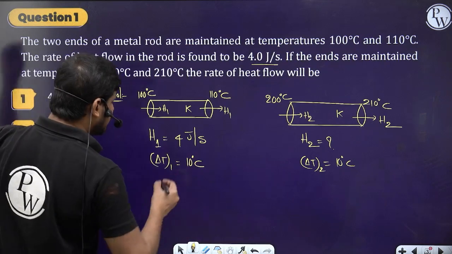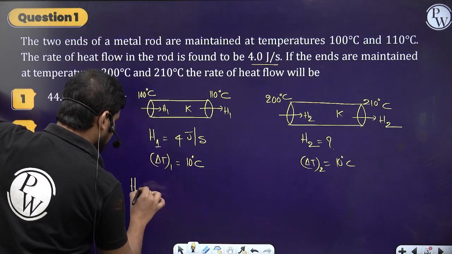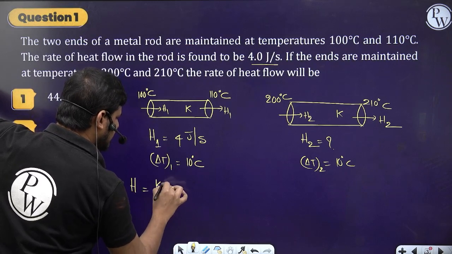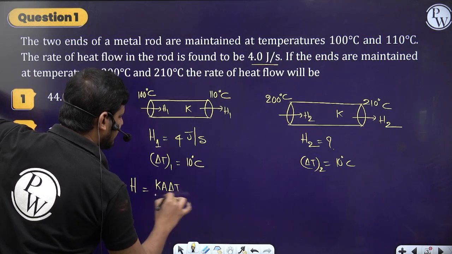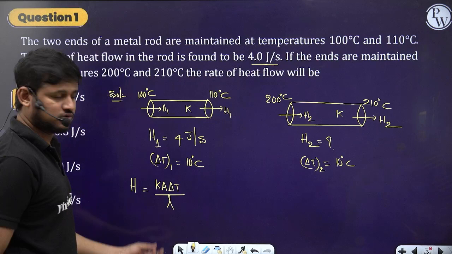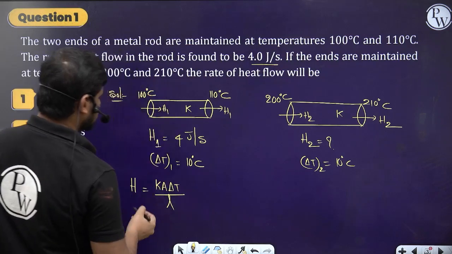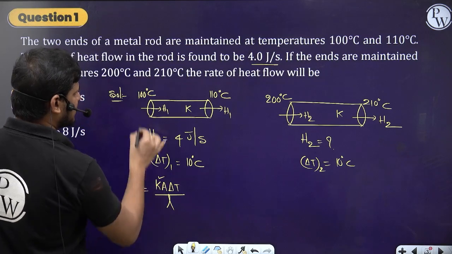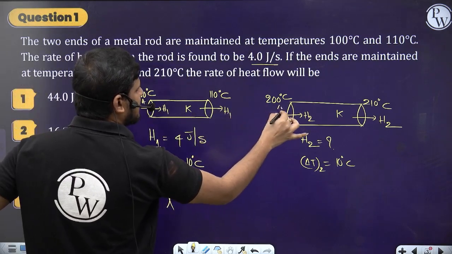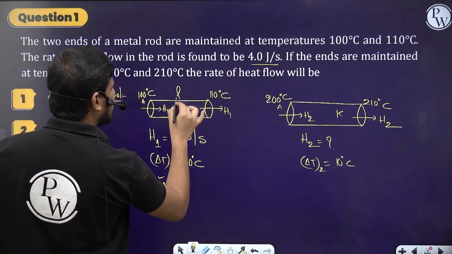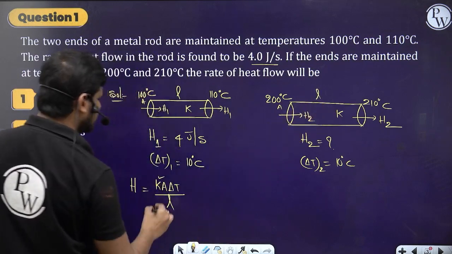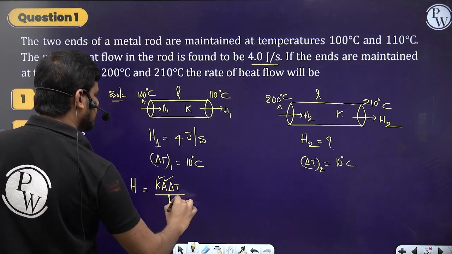Now we know the heat current formula, H = KA delta T by L. Yes or no? Here if you observe, it is the same metal rod, so K is same for both. The cross sectional area and dimensions are not changed, so A is same, L is same. So K same, L same, A same.